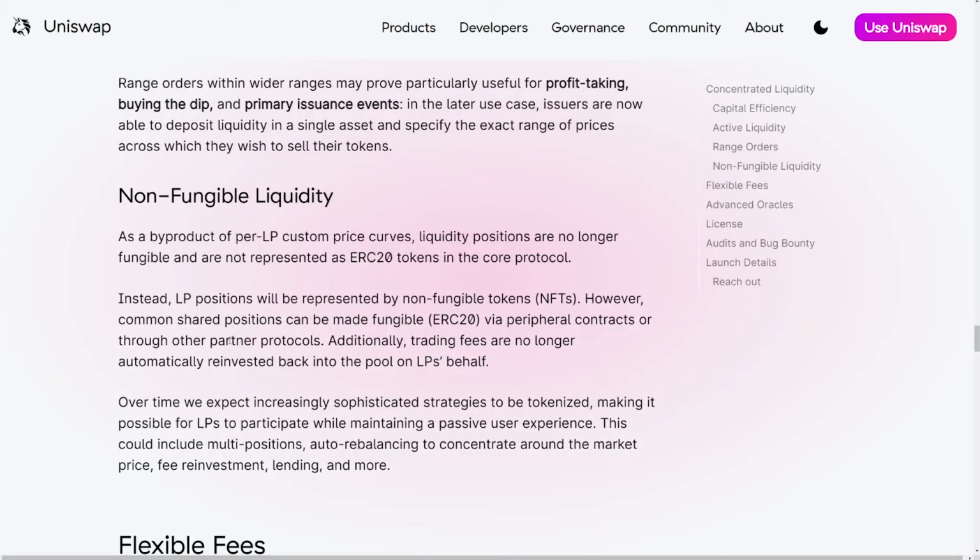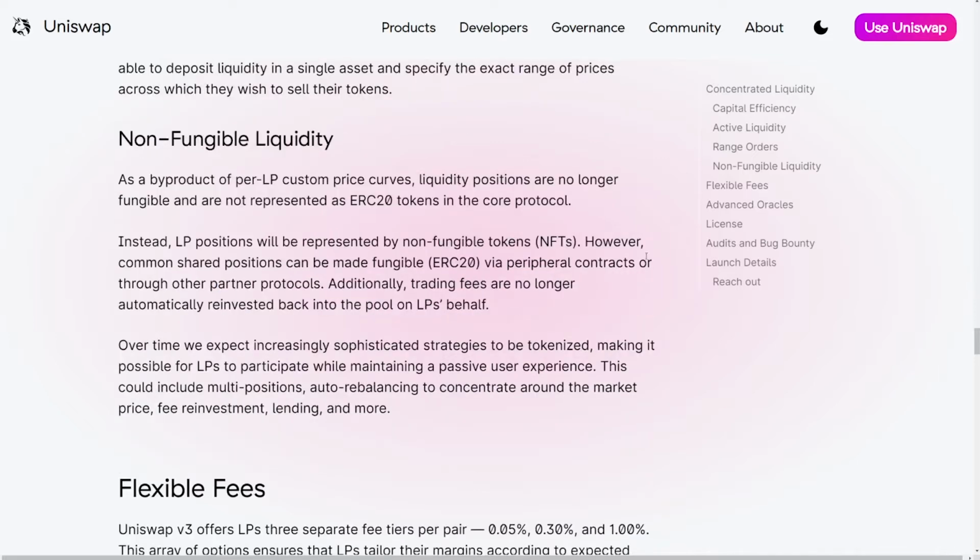However, in the V3 there is this change that now the liquidity providers' positions will be represented by non-fungible tokens, so NFTs, which is ERC721 tokens. However, it looks like there is still some possibility to make those positions fungible with ERC20 tokens via peripheral contracts or through other partner protocols, but it's gonna be more difficult.